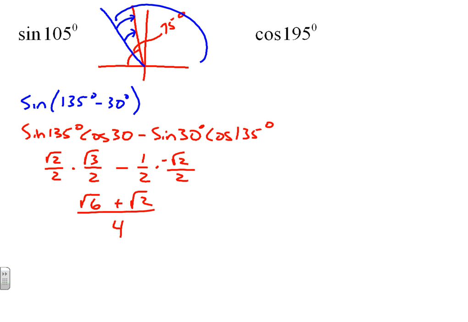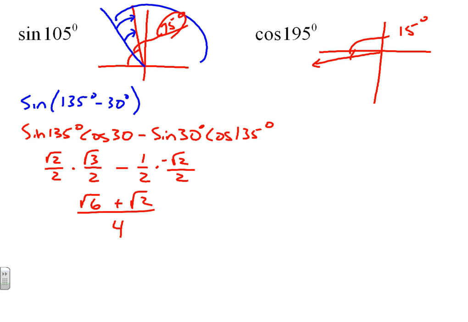Okay? Let's take a look at cosine of 195, another reference angle. So here, this first problem we dealt with a 75 degree reference angle. 195 degrees takes me 15 degrees past 180. So now we have a 15 degree reference angle.